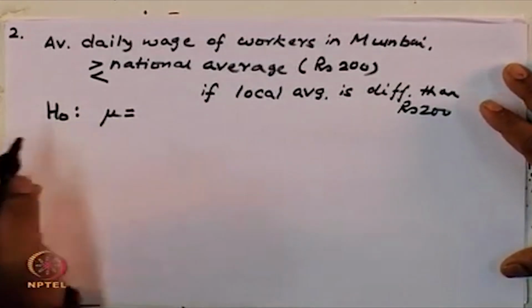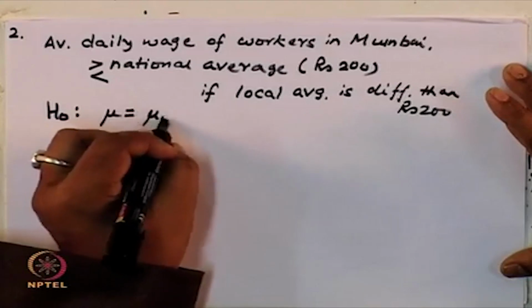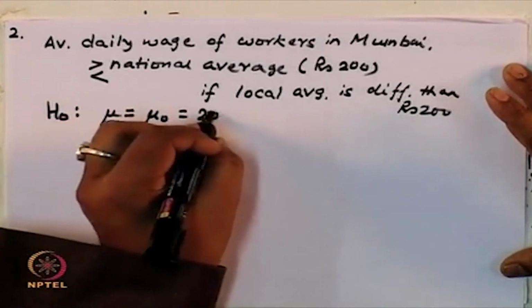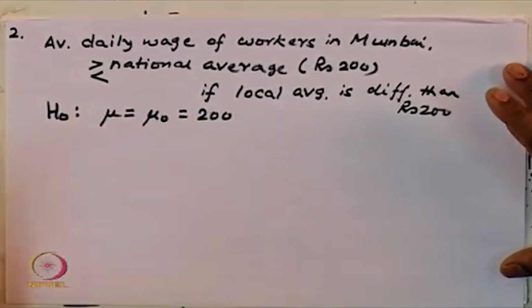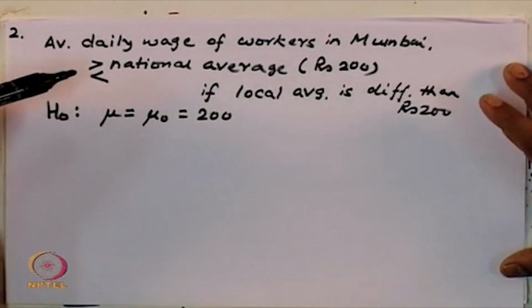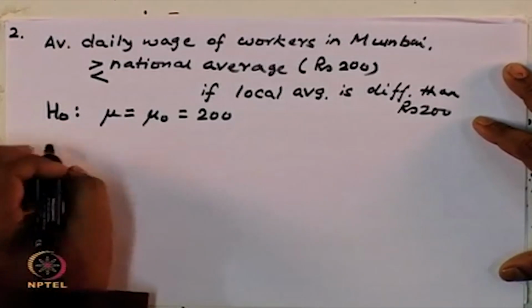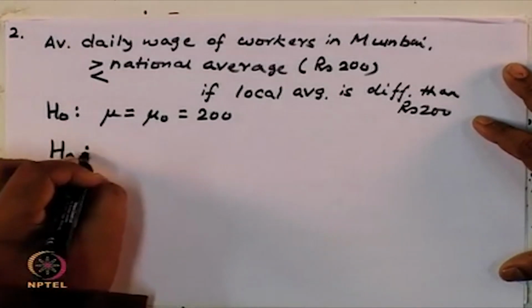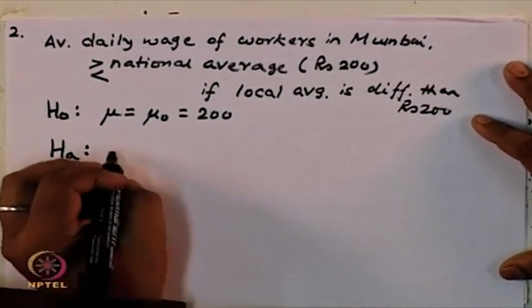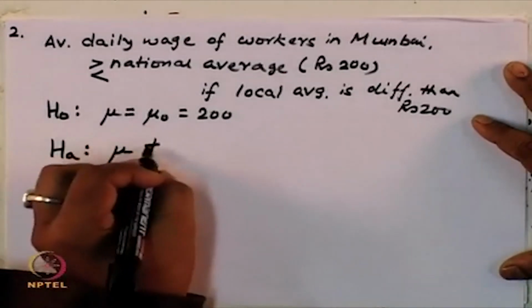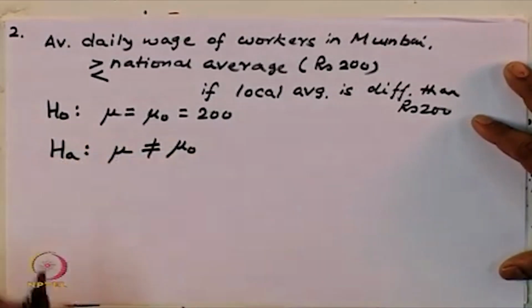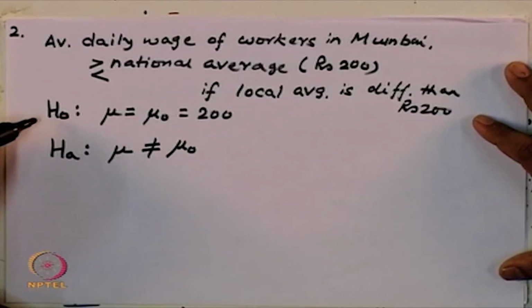So, your null hypothesis assumes that mu is equal to mu naught is equal to 200. That means you assume the local average is the same as the national average. And your H A assumes mu is not equal to mu naught. So, this is your null hypothesis and this is your alternative hypothesis.